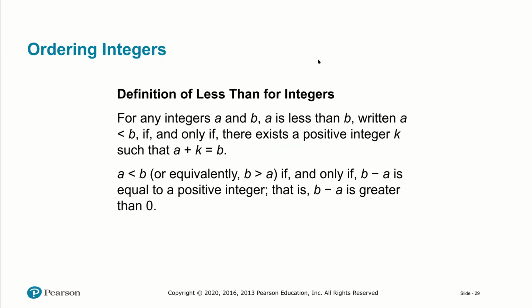Now we want to talk about ordering integers. We've already seen ordering for whole numbers, remember? And we said if A is less than B, that means there must be some positive integer k such that A plus k equals B. So look, 2 is less than 5 because there is a number, namely 3, such that 2 plus 3 is equal to 5.